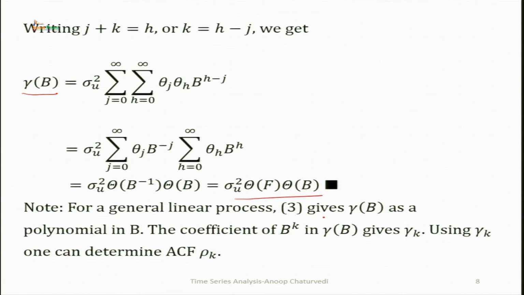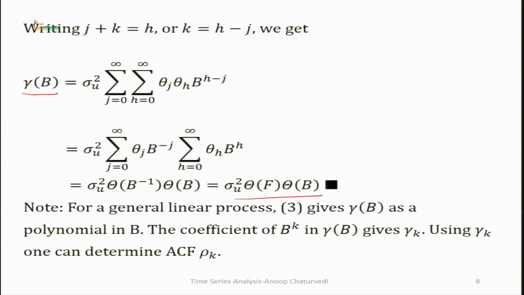You get gamma b as a polynomial in B. Then using this autocovariance generating function, you can obtain gamma k, which is the coefficient of b to the power k in gamma b. And once you know gamma k, then you can determine the ACF rho k also.